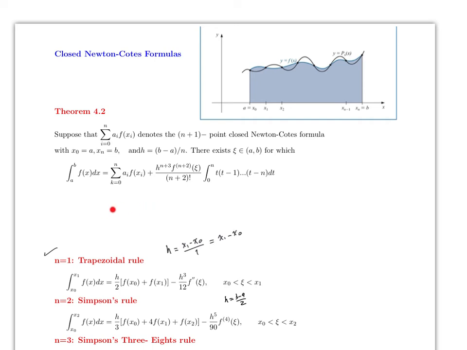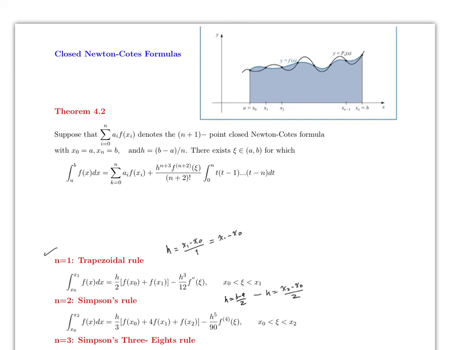We also looked at Simpson's rule, where the value for h is b minus a divided by 2, or you can say that h is equal to x2 minus x0 divided by 2. And very, very important is the error function, which is this one for this case, and this one for the trapezoidal.